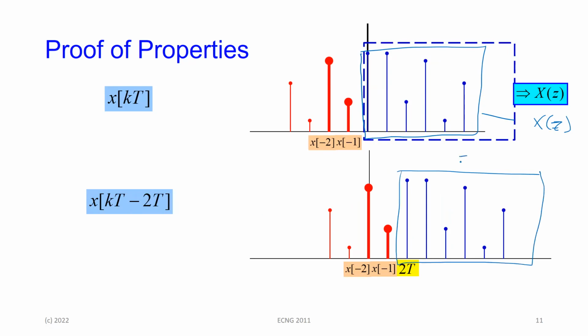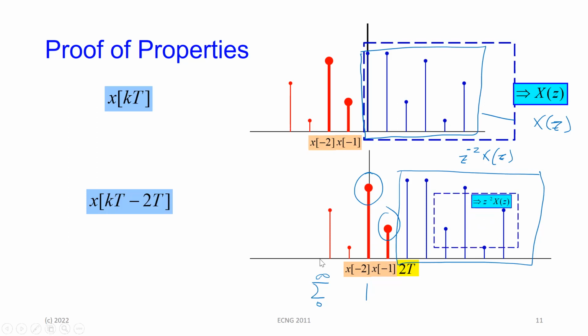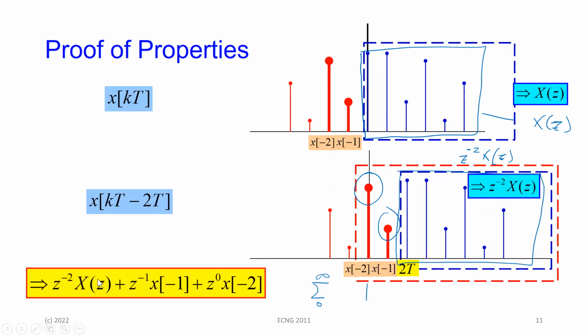So this will be z^-2 X(z). But I now have to bring in these 2 values because I'm summing from 0. Remember, the Z transform sums from 0 going forward. So I have to bring in these 2 initial values inside of there. All right, that is the second property, and we will talk a little bit about that tomorrow.